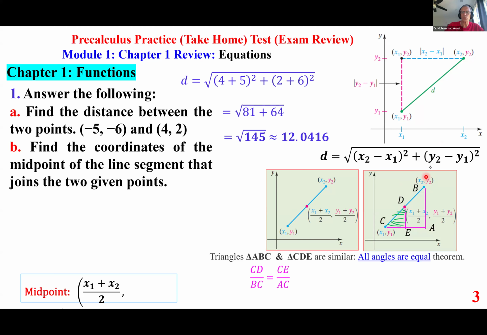Now, why are we picking this one? Remember, D is the midpoint. That means CD is the same as BD as far as the distance is concerned. So CD is half of BC, cross product.